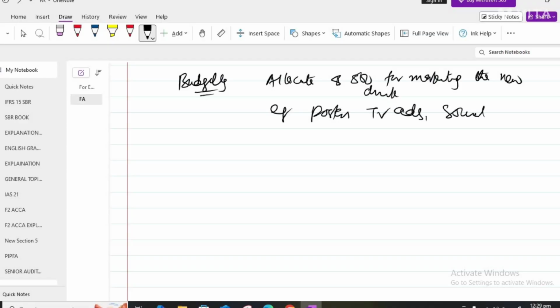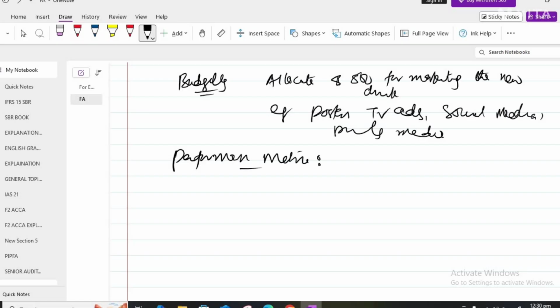After doing this, you will go for the performance metrics. In performance metrics, you have to track the sales versus cost and customer feedback after launching. So this is the management accounting process.